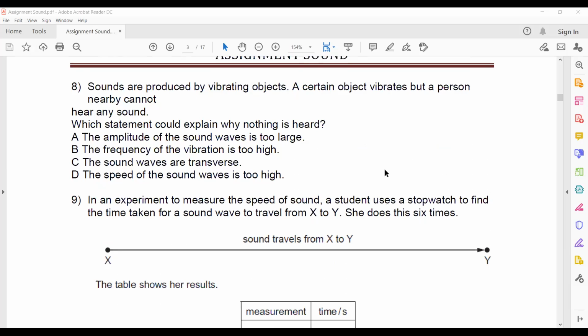The particles vibrate, collide, and transfer energy. Because the spacing between the particles is so small, within an instant they can transfer energy. But the amount of energy transferred is very small compared to what they take. That's why it can travel only a short distance.